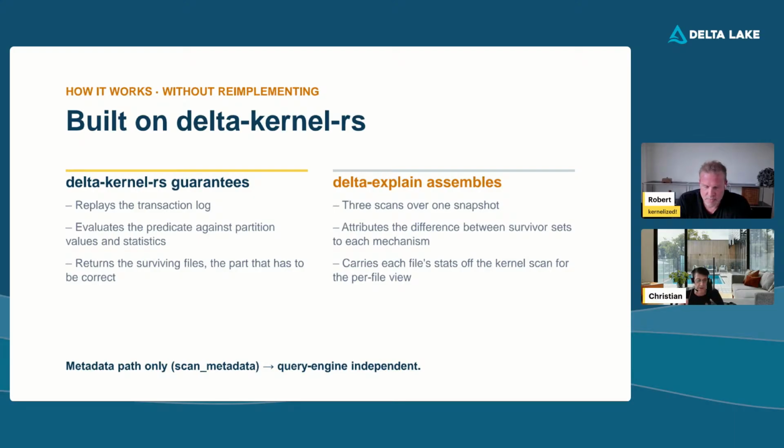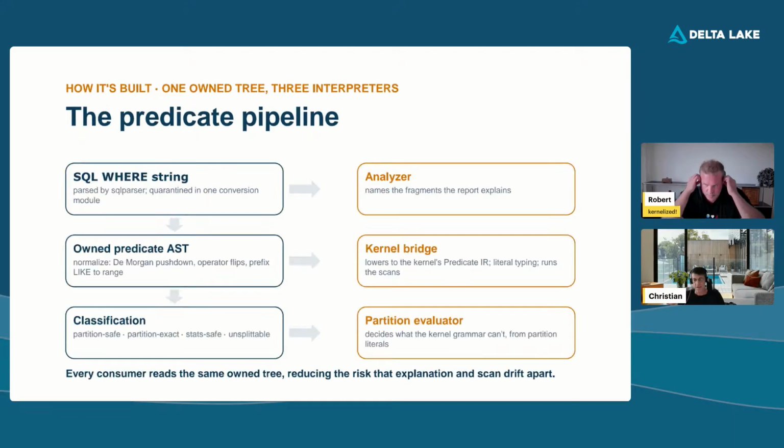Another important aspect is the way in which the software architecture of the tool is organized. That's also an interesting thing. The idea is that the predicate is parsed just once, with an external library, and then the result is translated and converted into its own predicate AST, abstract syntax tree.